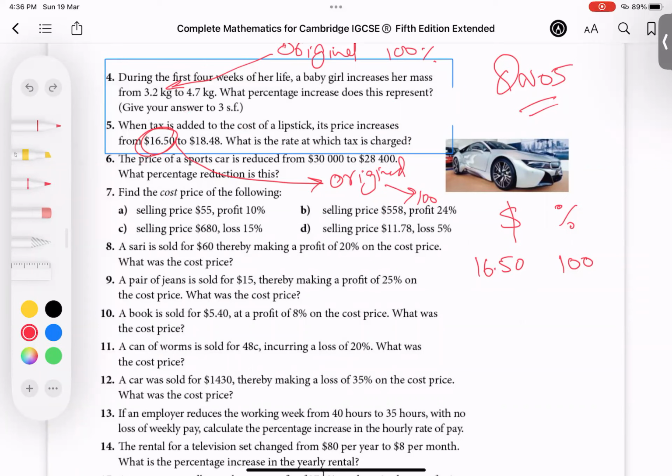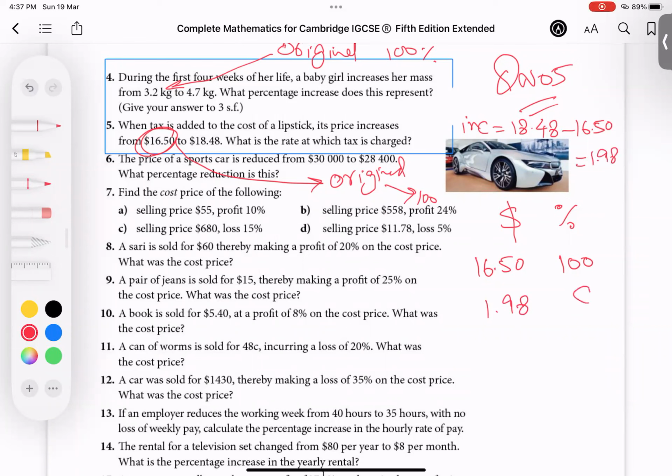So how much change or increase? Increase is 18.48 minus 16.50, which is 1.98. So $1.98 is the increase, and I'm writing I for increase, or C for charges.